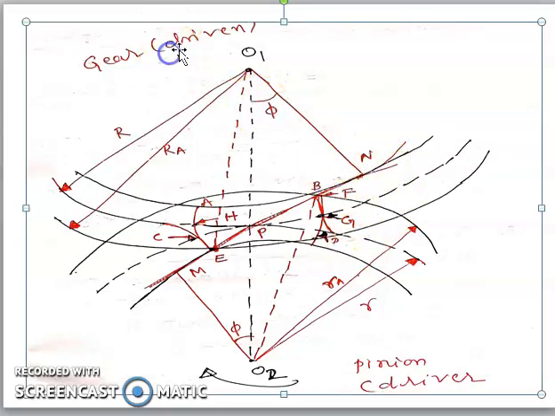There are two gears, one is the driver, another is the driven, that is, you can call them the gear or pinion.